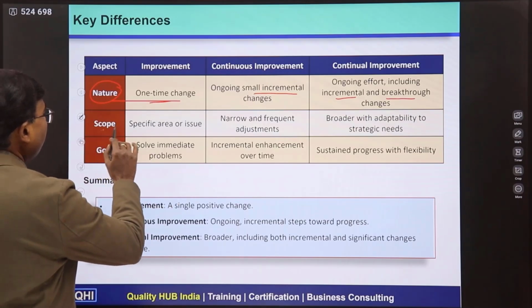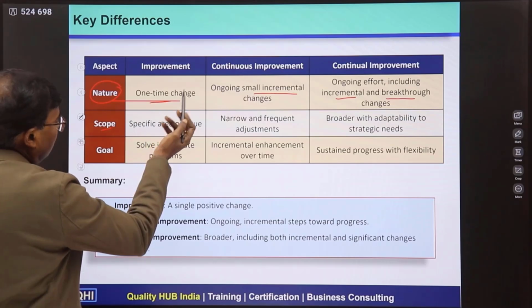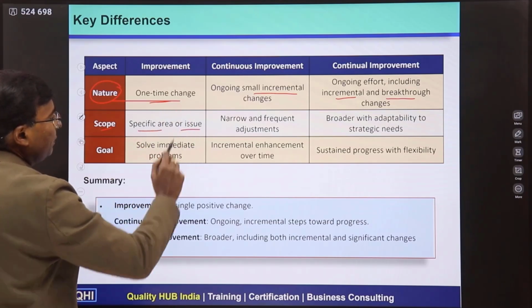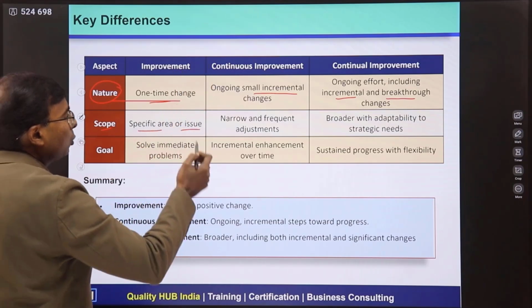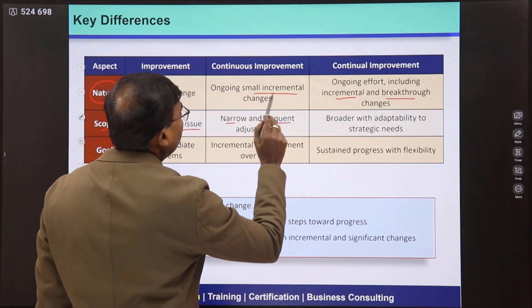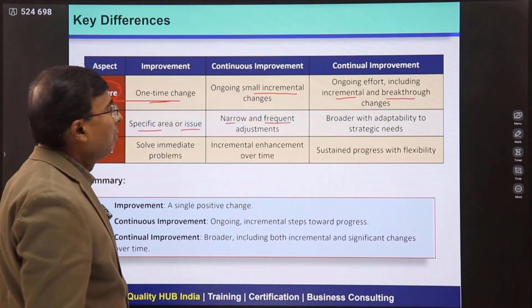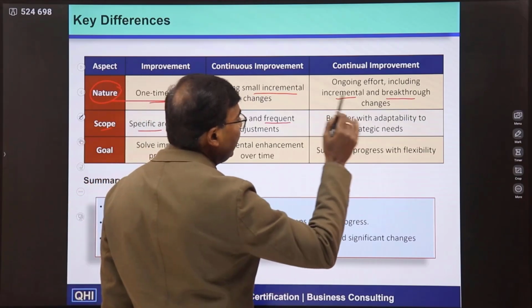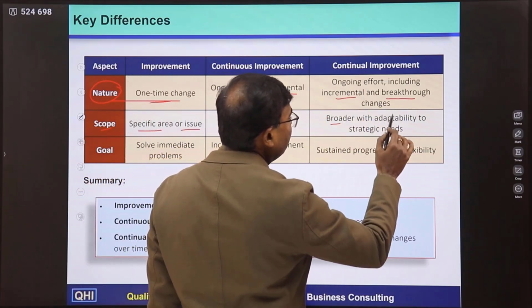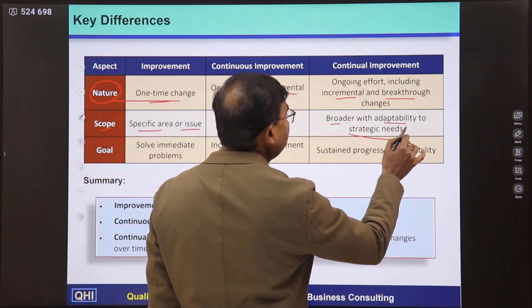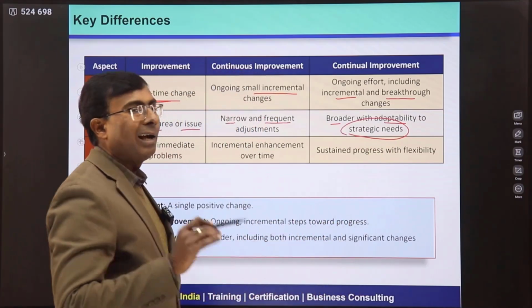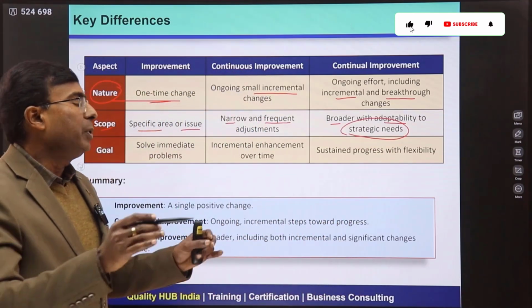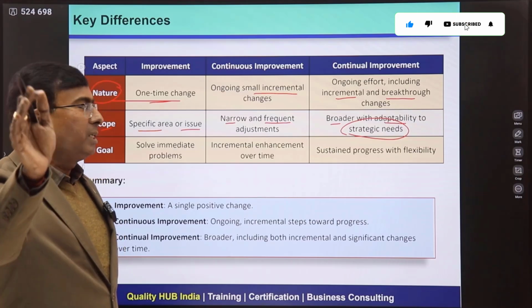Talking about scope, improvement is normally in a specific area or on a specific issue. Continuous improvement could be a bit narrow, with frequent adjustment. Continual improvement is much broader, with adaptability to strategic needs. So it is strategically aligned and helps your organization achieve its goals and vision.